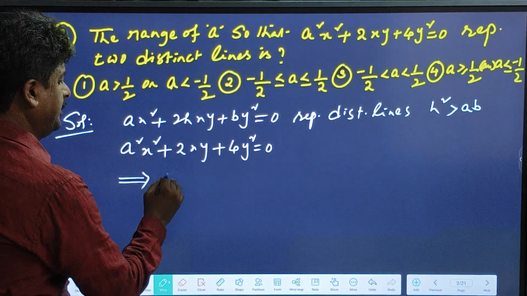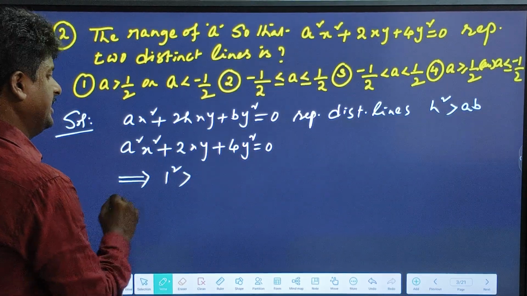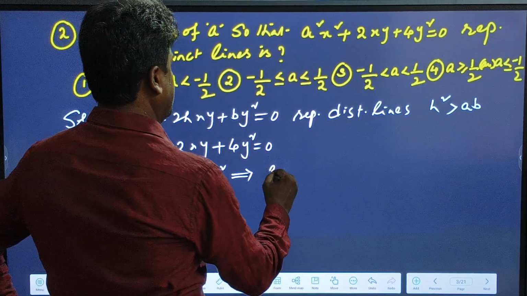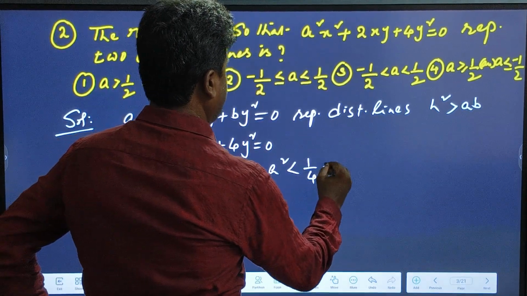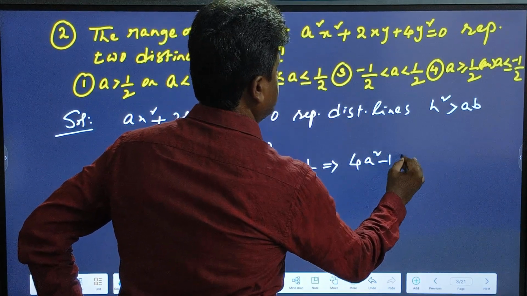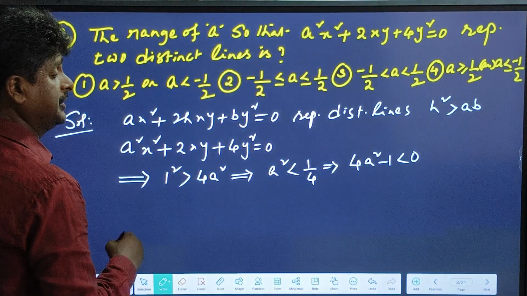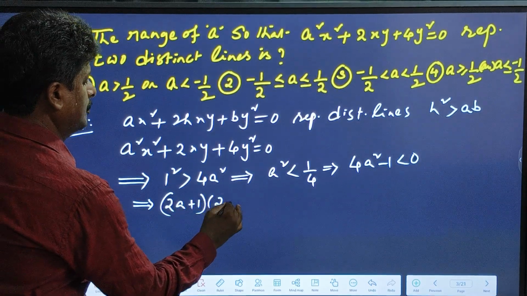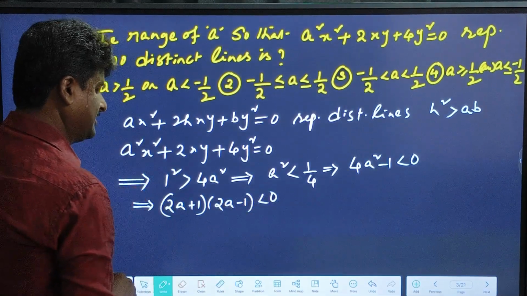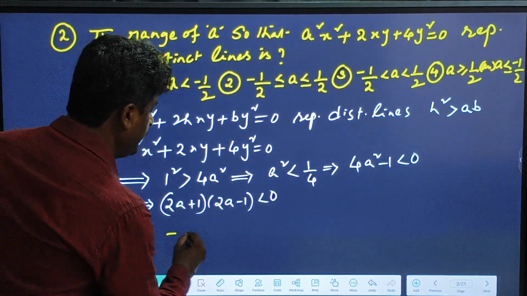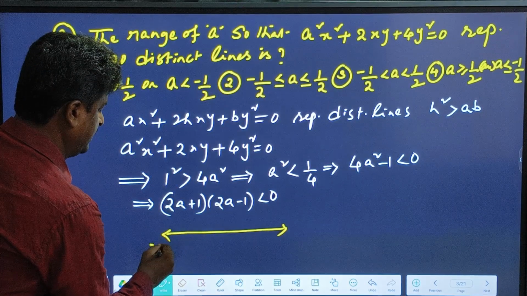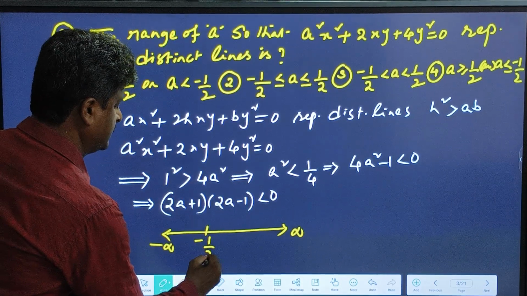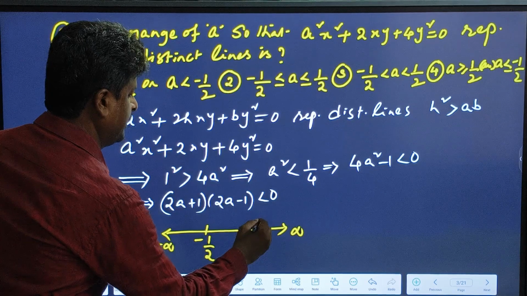Here h value is 1, so 1 square greater than 4 times a square. This implies a square less than 1 by 4. This implies 4a square minus 1 less than 0. This implies 2a plus 1 into 2a minus 1 less than 0. Using the wavy curve method, we get minus infinity, plus infinity, somewhere here minus 1 by 2, and this is plus 1 by 2.